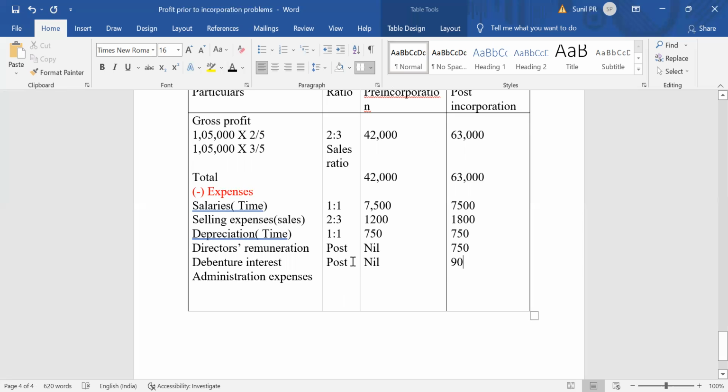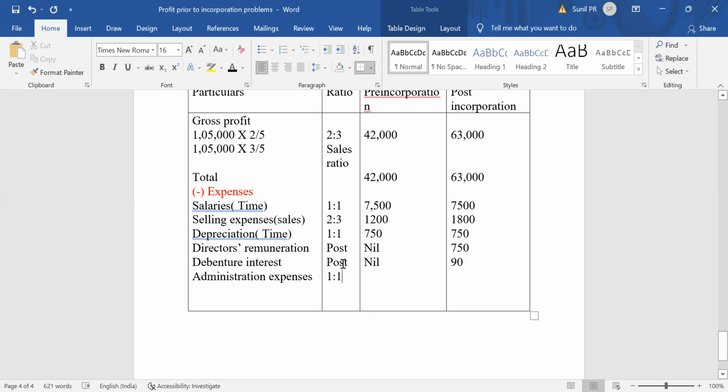Then we'll come to the administration expenses now. Administration expenses are 4,500, sir. In which ratio are you going to take it? Time ratio, sir. Yes, time ratio is 1:1.